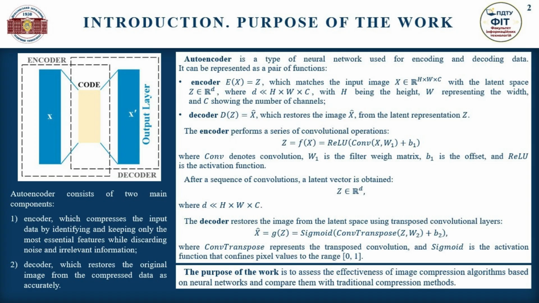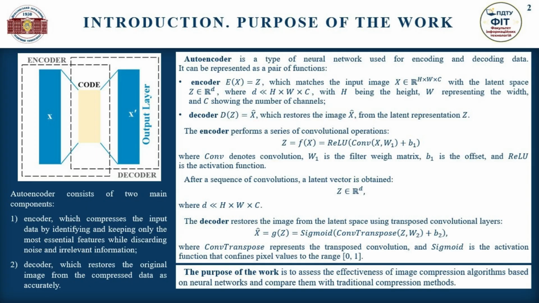One popular approach is the autoencoder, a type of neural network used in encoding and decoding data. It's commonly applied in dimensionality reduction and noise removal and consists of two main components. Encoder, which compresses the input data by identifying and keeping only the most essential features while discarding noise and irrelevant information.